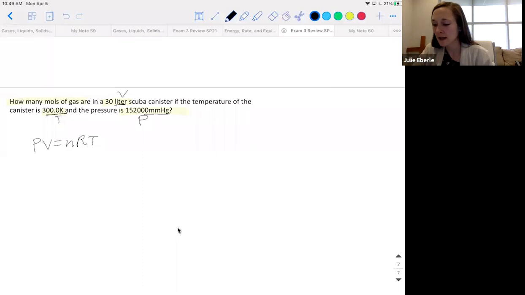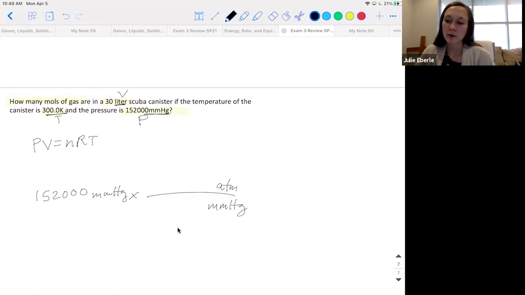Lucas, you're 2 steps ahead. So we got to convert this to atm. We have to get pressure in units of atm. So it's 152,000 millimeters mercury. I want to cancel units millimeter mercury and I want to convert to atm. So we need the relationship between millimeter mercury and atm. So you have that slide from lectures. Let me show you which slide I'm talking about.